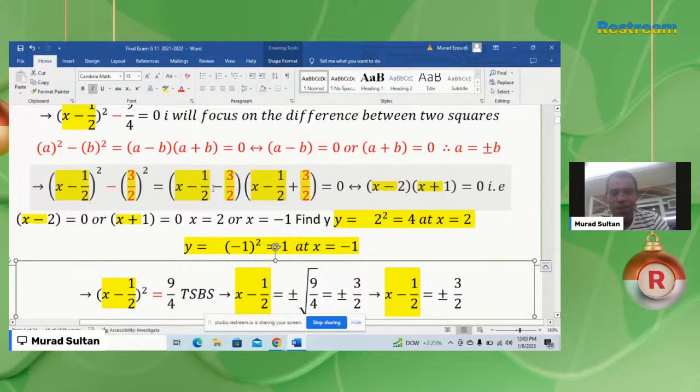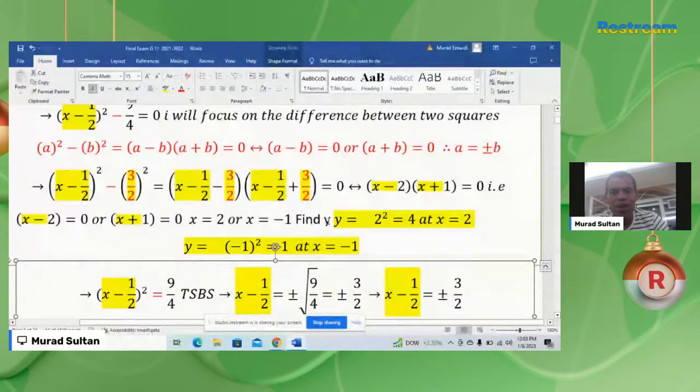Simply because minus 1 minus 3 is minus 4 divided by 2 gives x minus 2. And minus 1 plus 3 is 2 divided by 2 is 1, so x plus 1 equals 0. Means that x minus 2 is 0 or x plus 1 equals 0. Therefore, the solution for x here will be x equals 2 or x equals minus 1.